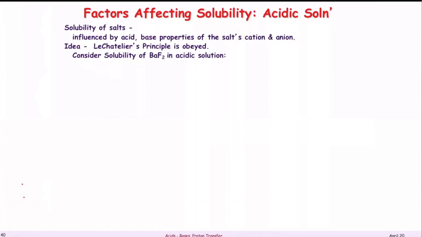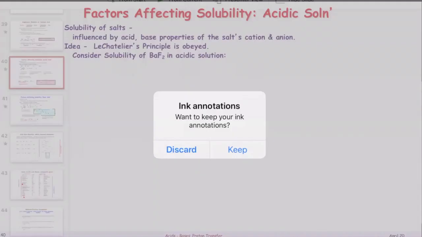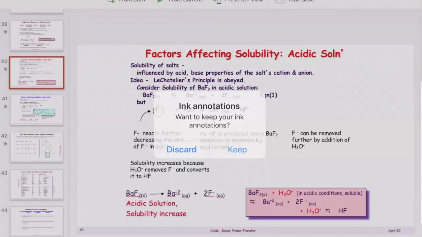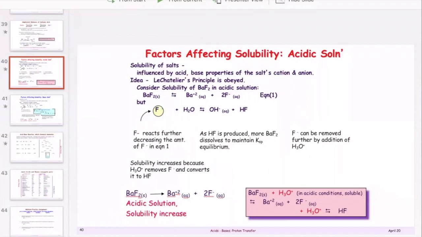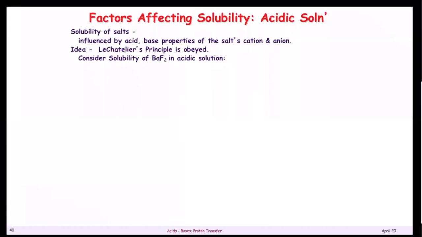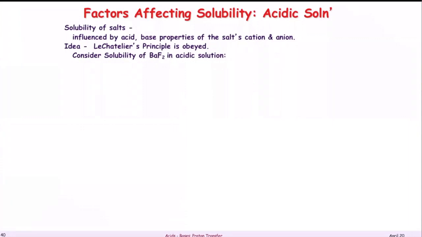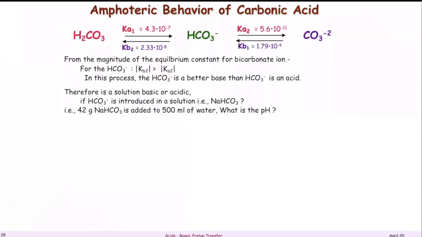So this is still 16.02, and in 16.02, we talked about baking soda, and I put on the discussion board what the pH of baking soda would be if you had 42 grams of baking soda, sodium bicarbonate, and you put it in 500 milliliters of water. So take a look at that. It's a couple of points if you can get through that.